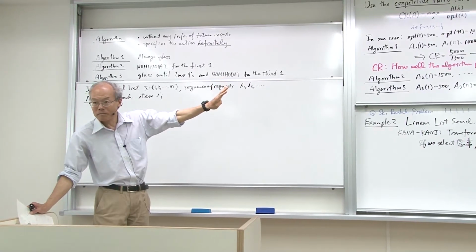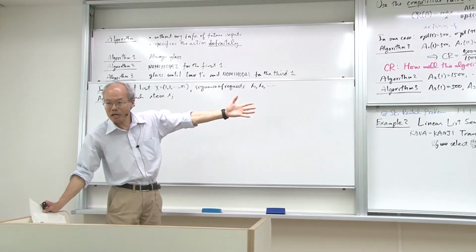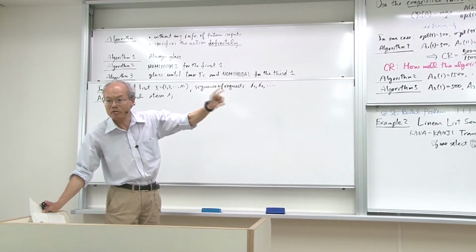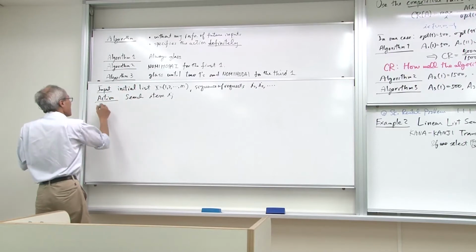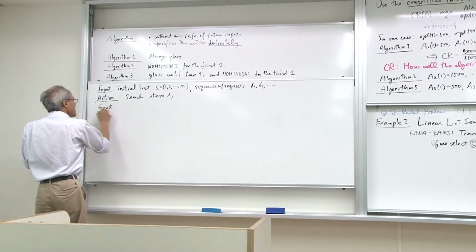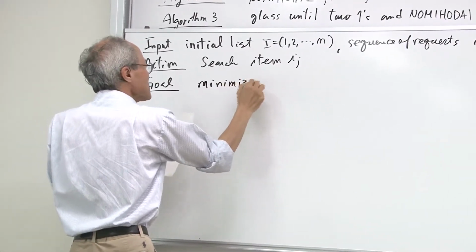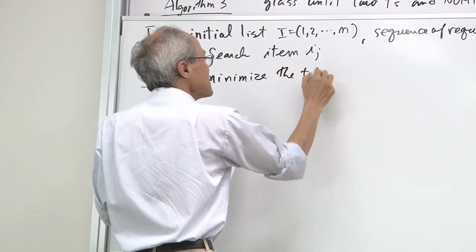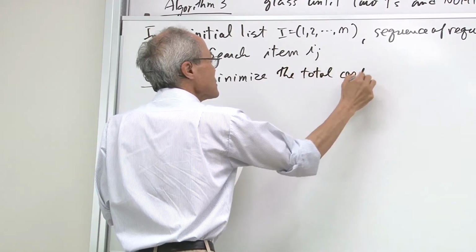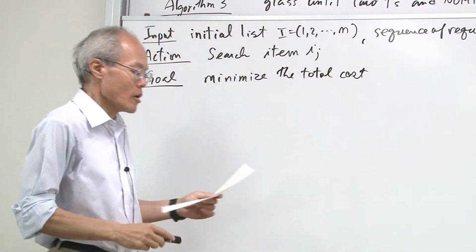But if the system changes the link structure like that, then if the second request is again 4, your cost is 1. Okay? Our goal is of course to minimize the total cost. Okay.